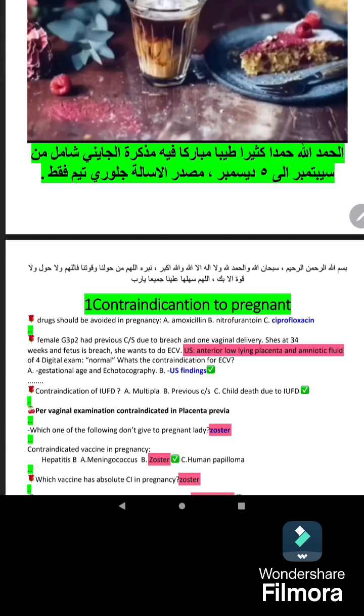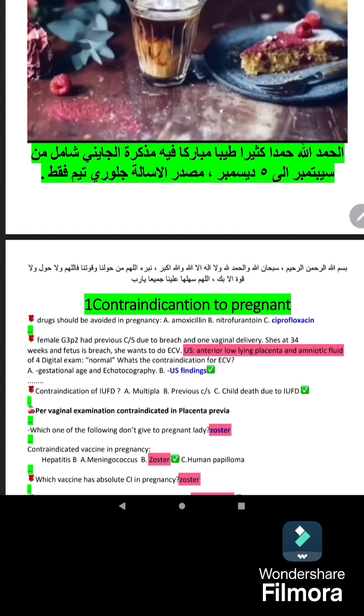So first things first, we are starting off with the obs and gynae part with the ALA note, and then simultaneously we will try to cover the MTB as well.